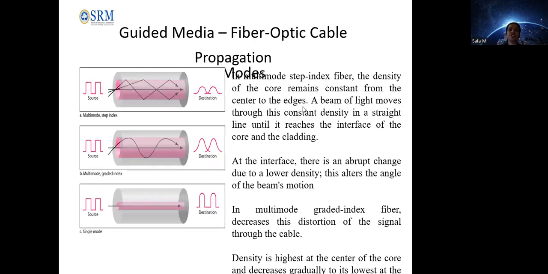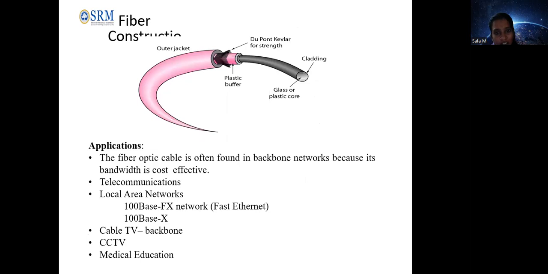In multi-mode, more than one ray is there, with step index or graded index. You can see how the signal reaches the destination and how distortions affect the signals.